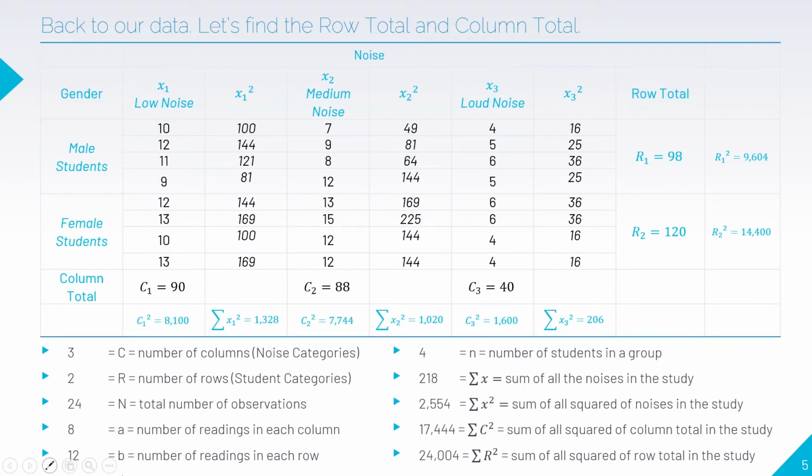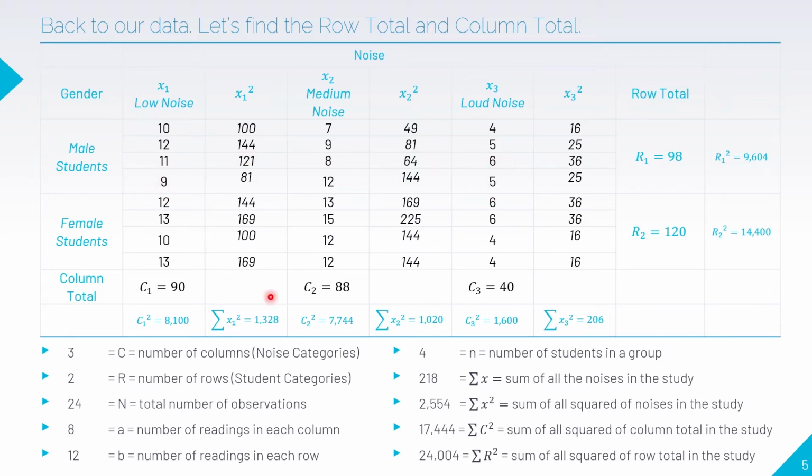Our small a is the number of readings in each column. How many numbers are there in our column? We have 1, 2, 3, 4, 5, 6, 7, 8. So we have 8. Then the number of readings in each row: in this row, we have 12.